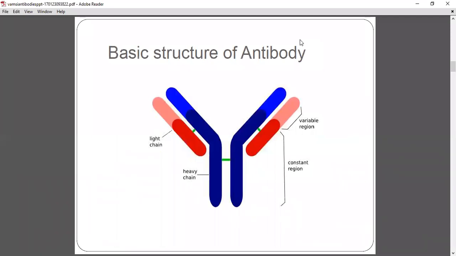At the core, you see a huge Y-shaped configuration. On either side of the parallel portions of the arms of the Y, you have a reddish little tubular structure.